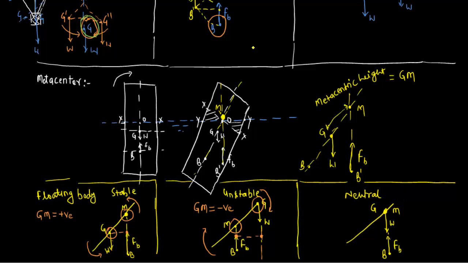So a floating body is said to be in neutral equilibrium if the center of gravity and metacenter coincide, and the metacentric height will be zero in this case.